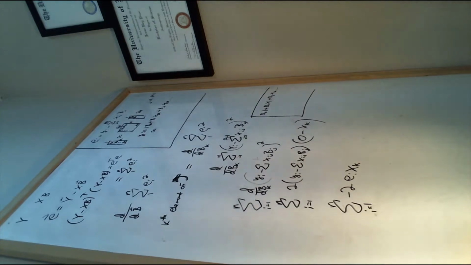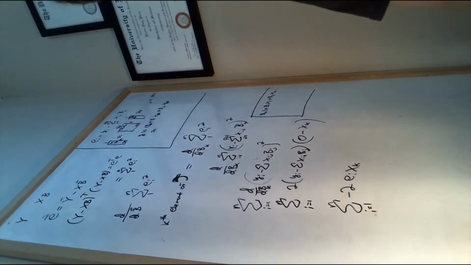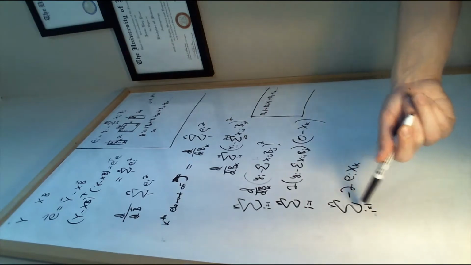Now remember, this is all for the kth element of this vector. So there's going to be multiple of these. And as we can see, we're summing from 1 to n.